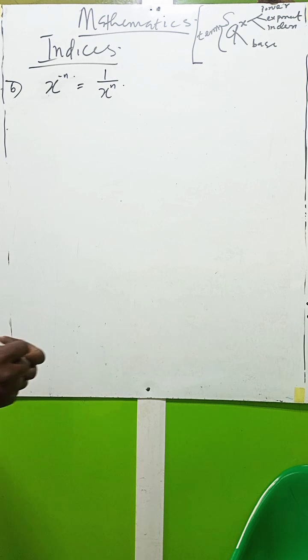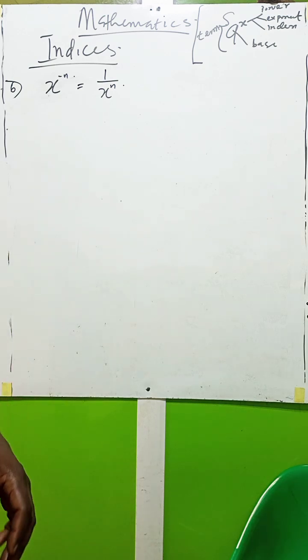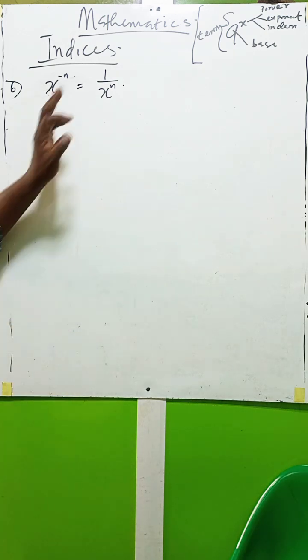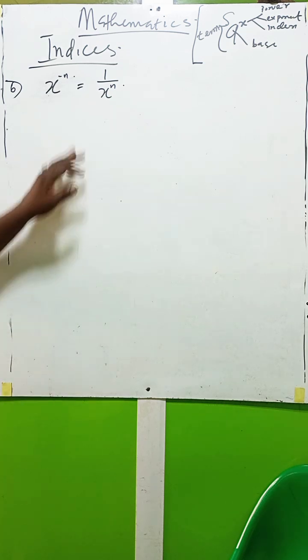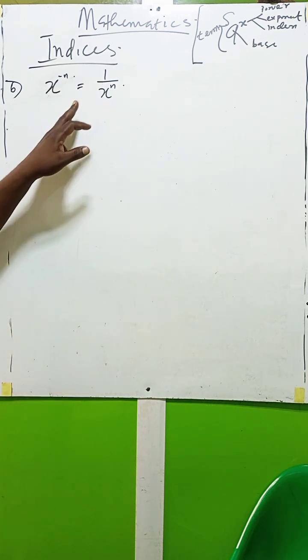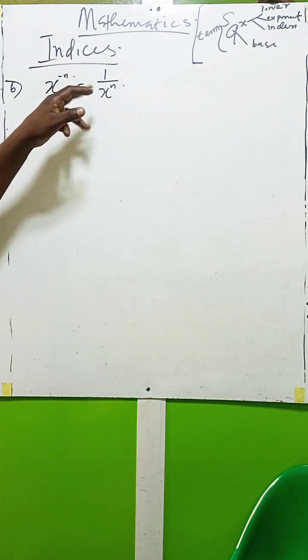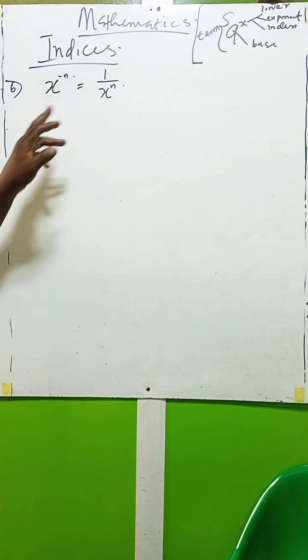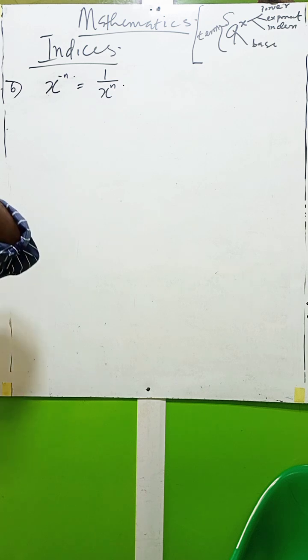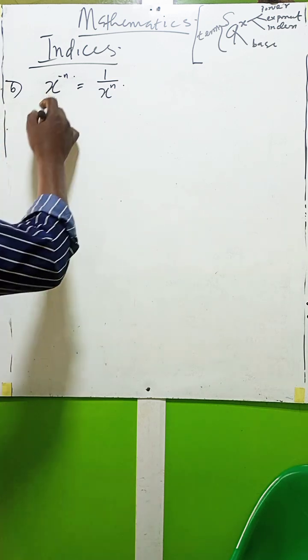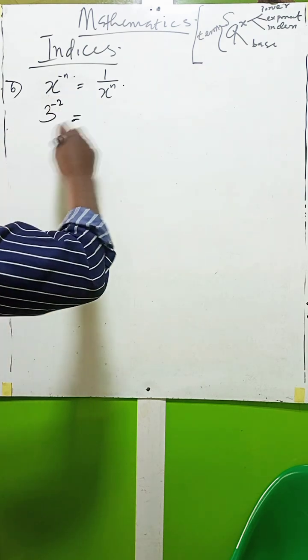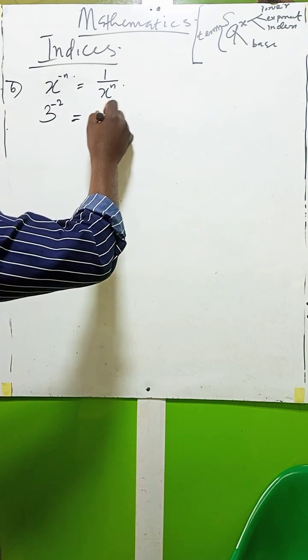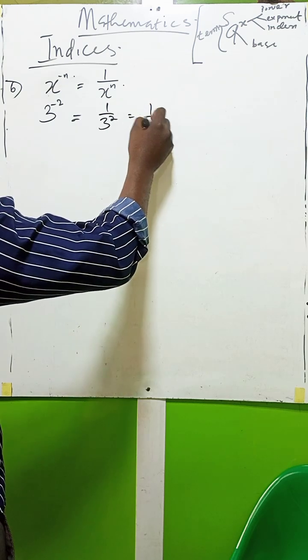The reciprocal of the term with the negative power is the result. The reciprocal removes the negative power. For instance, if we have 3 raised to power minus 2, the result will be 1 over 3 raised to power 2, which is 1 over 9.